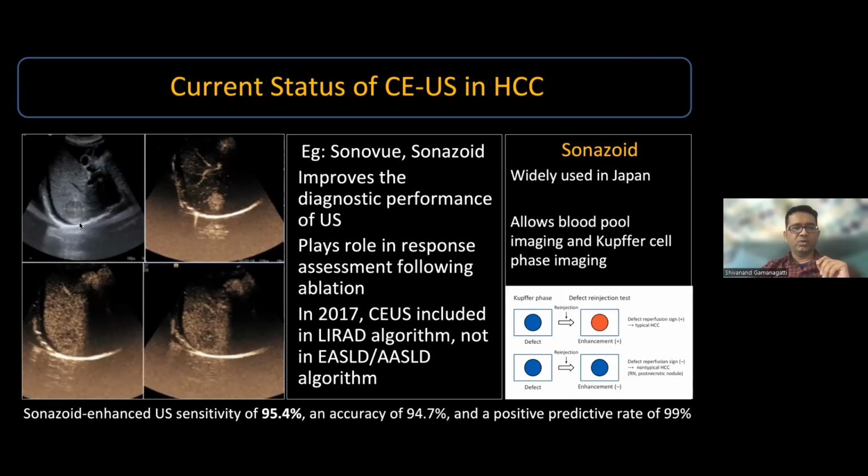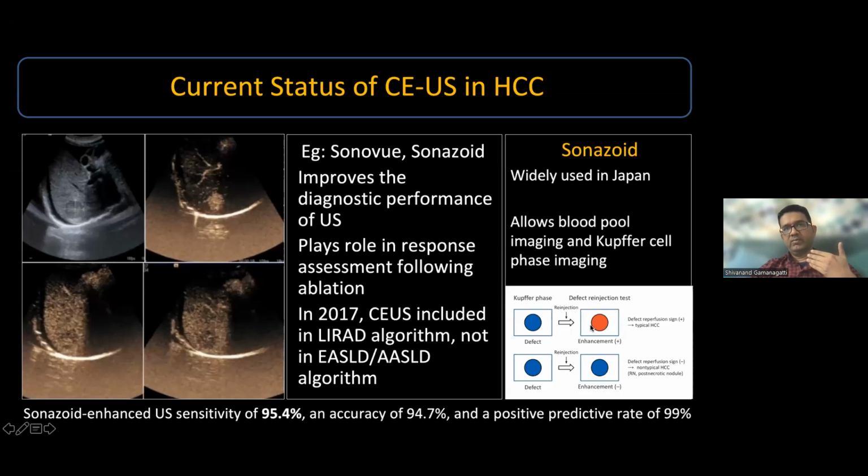Because all the Kupffer cells take up the Sonazoid, the entire liver looks hyperechoic, and any focal lesion looks like a void. All these hypoechoic lesions need to be further evaluated by a second injection.